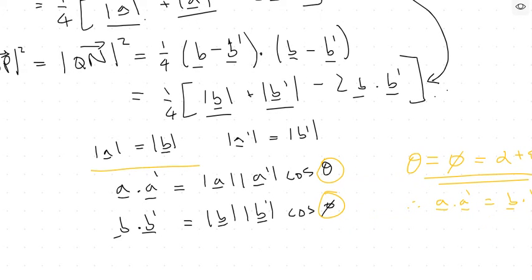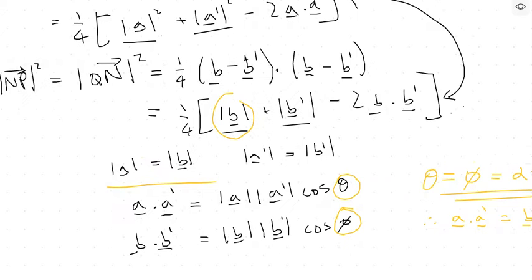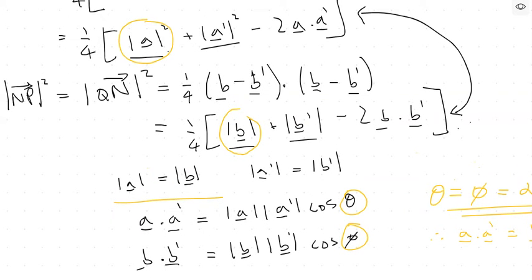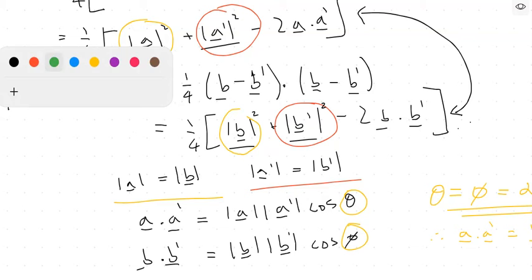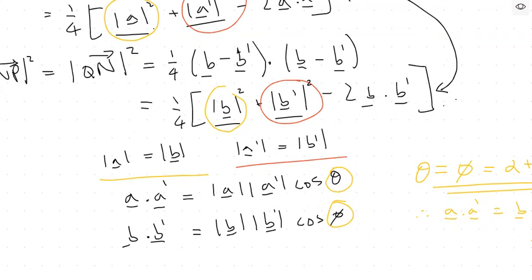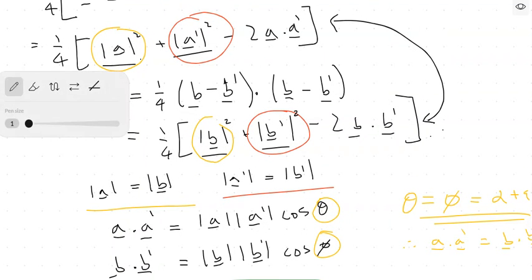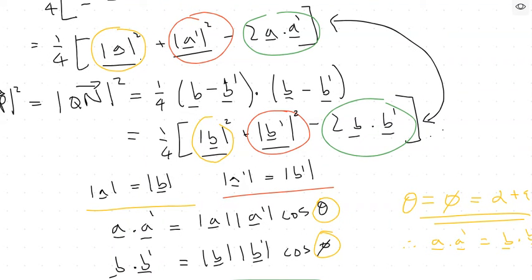the mod of A equals mod of B, so this is the same length as this. We have mod A dash equals mod B dash, so this is the same length as this. Sorry, these should both be squared. And we also have these two are the same, which means that this one is the same as this one.